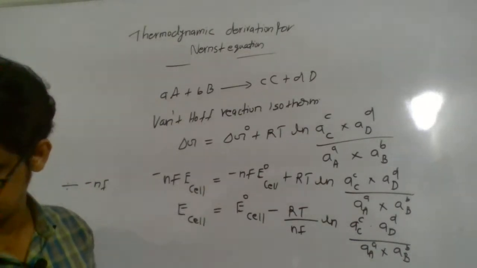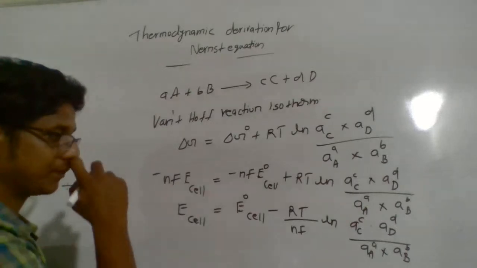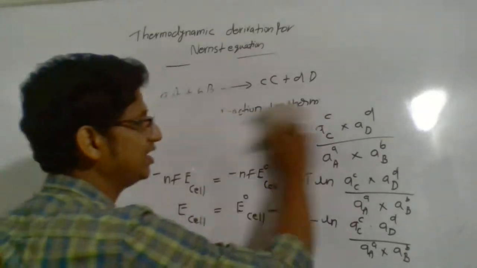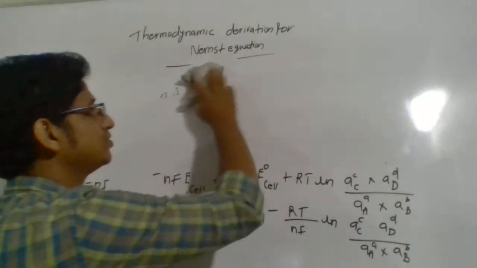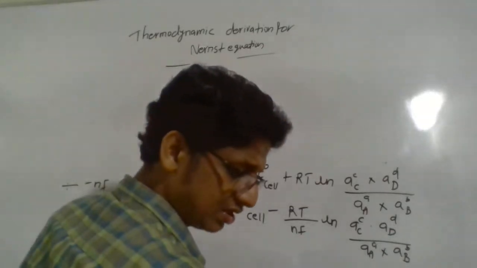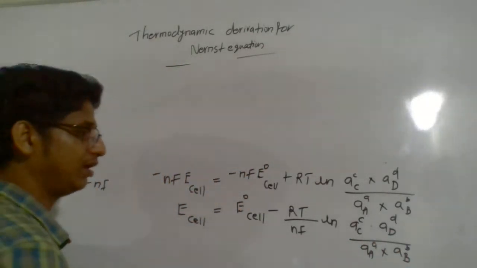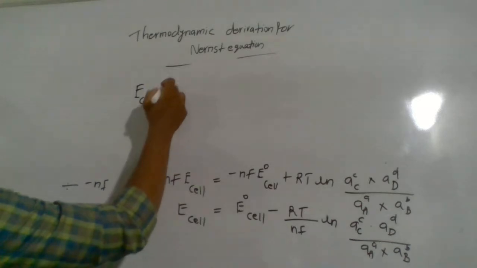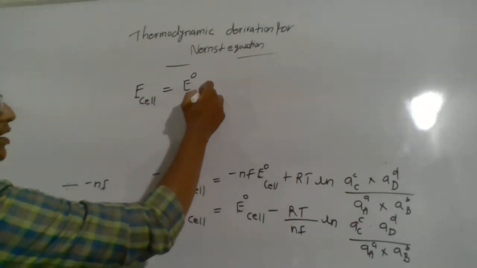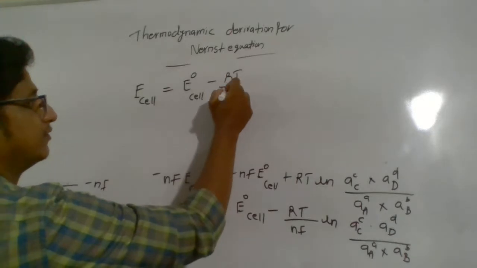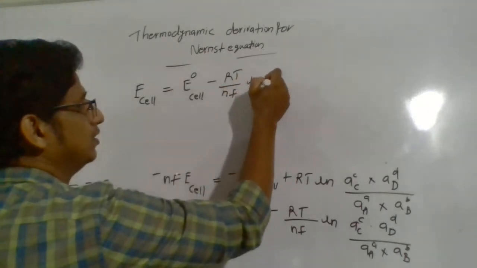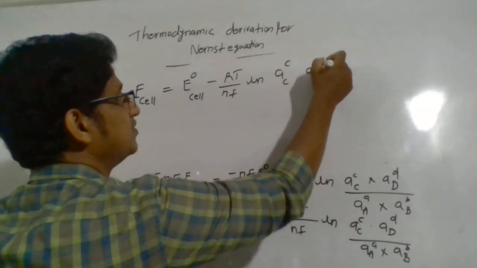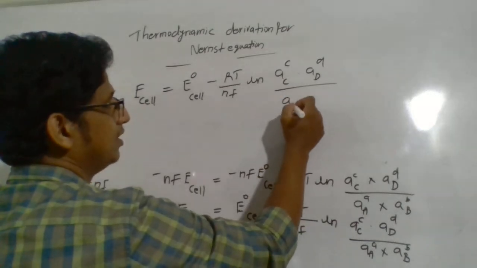Now we are almost there for the next equation. For your easy understanding, if the concentration of the solution is actually low, a moderate concentration or a very dilute solution, then the activity can be replaced by our normal concentration term. So let us have that familiar equation: E cell is equal to E0 cell minus RT by nF ln [C] raised to c into [D] raised to d divided by [A] raised to a into [B] raised to b.